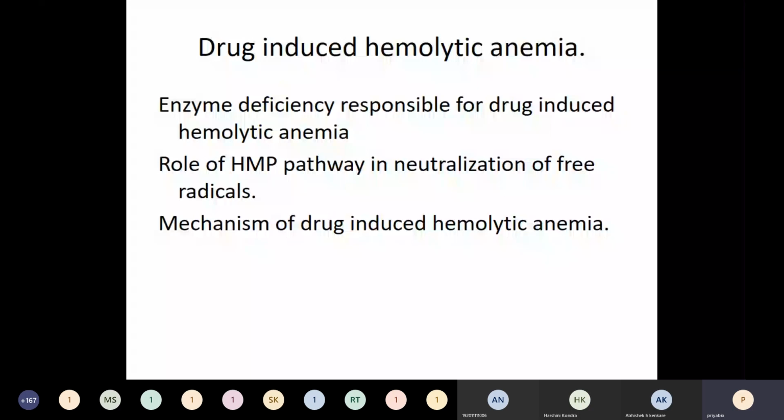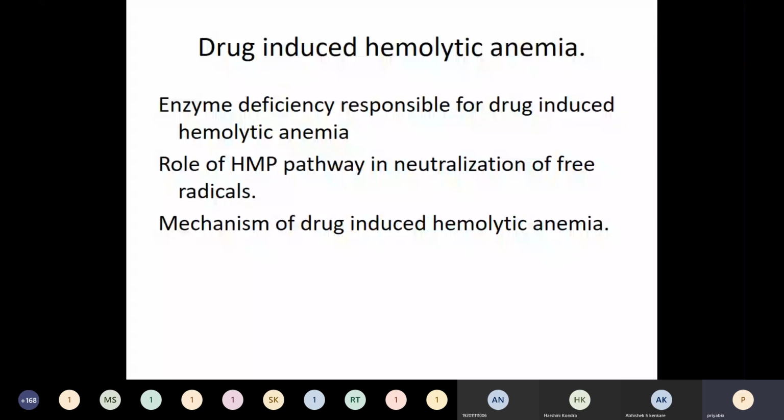When it is utilized, it gets converted to NADP. This NADP is again converted back to NADPH in the HMP pathway by the enzyme glucose 6-phosphate dehydrogenase.